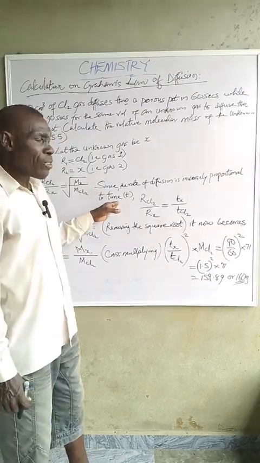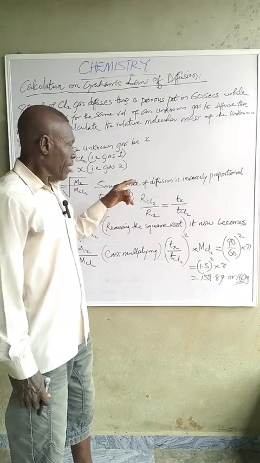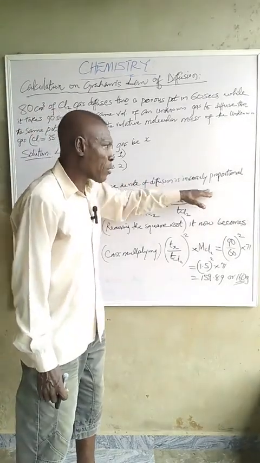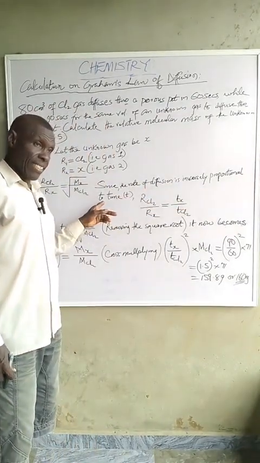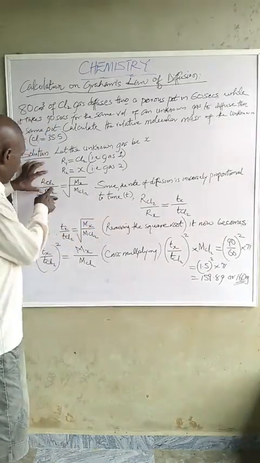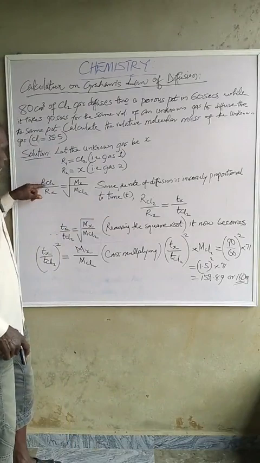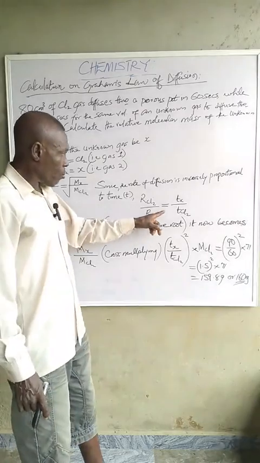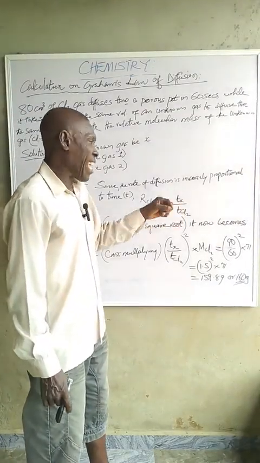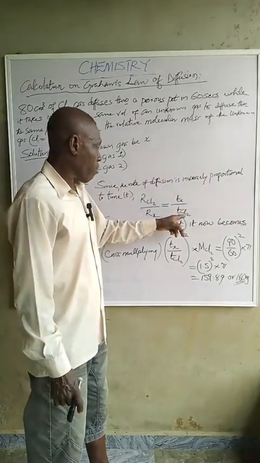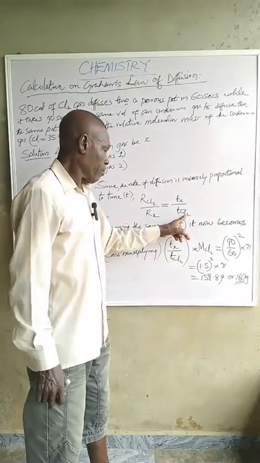But we know that the rate of diffusion is inversely proportional to the time taken. So if that is the case, it means that R_Cl2 over R_x will be equal to T_x, the time of the unknown gas, over the time of chlorine, which is the known one.